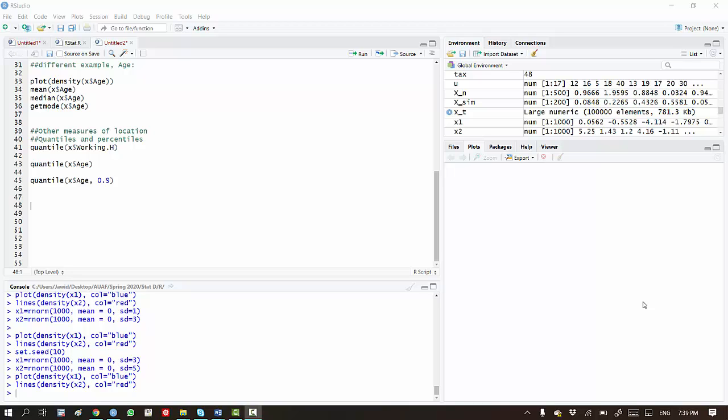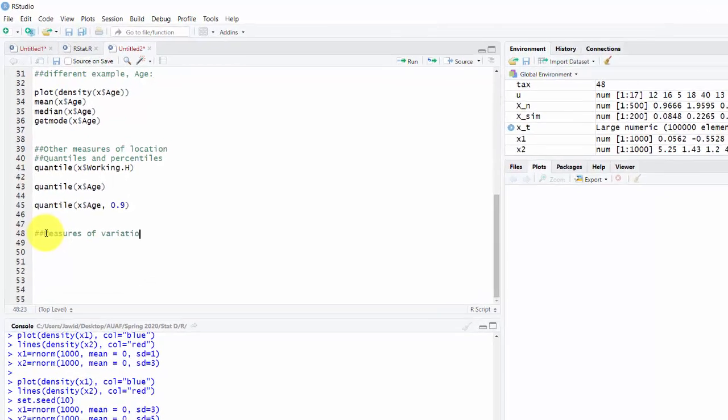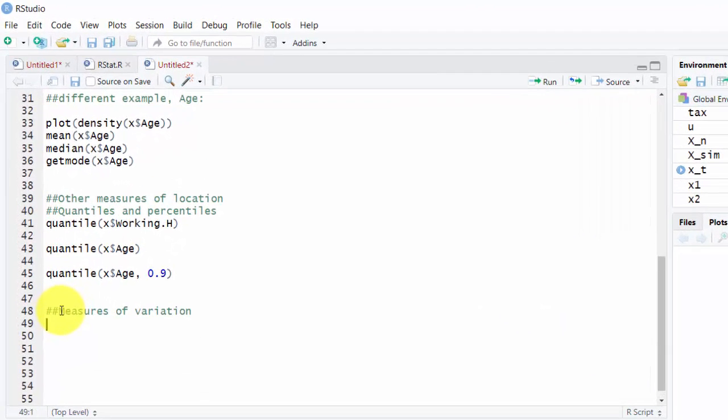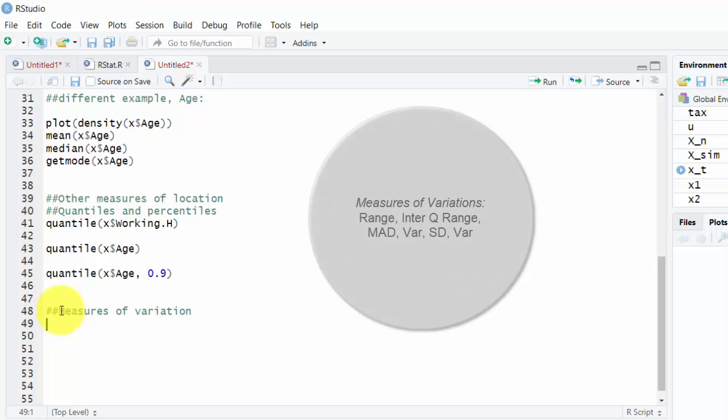Next, let's consider the measures of variation. Measures of variation, if you recall, are used in order to measure the amount of variation in the observations that we have collected on a variable.